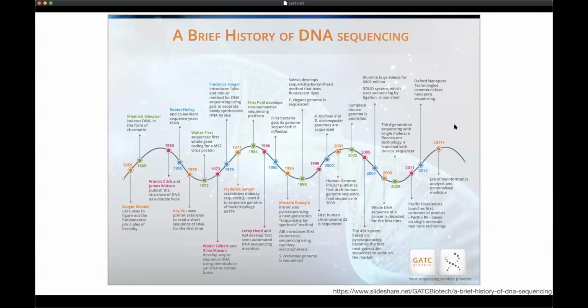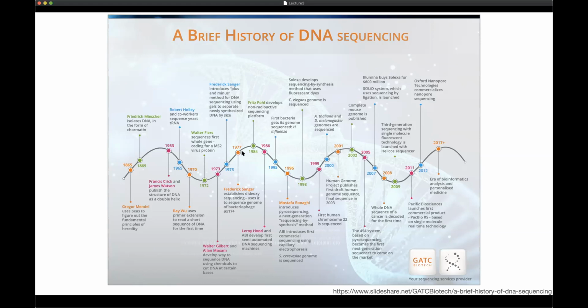The canonical discovery of DNA is Watson and Crick, the double helical structure, which was reported and for which they received Nobel Prizes. And then as you go through, the first sequencing in some sense started in the late 1960s. 1972, there was the first whole gene sequenced.